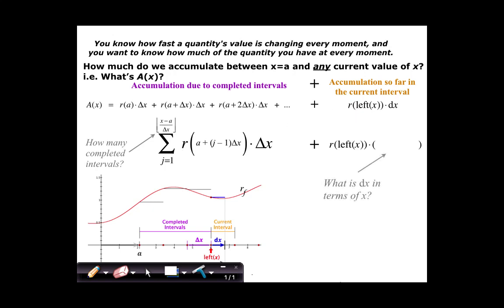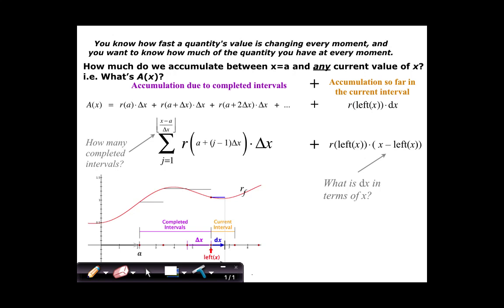If I describe that in terms of x, rather than having a second variable dx, that's just how far is x past the left end of the current interval, which is how big is x minus left of x. So this is our entire summation, the entire description of how to measure approximate accumulation.